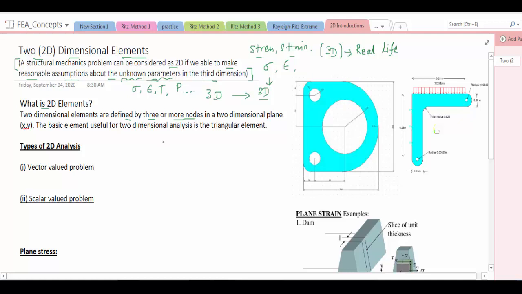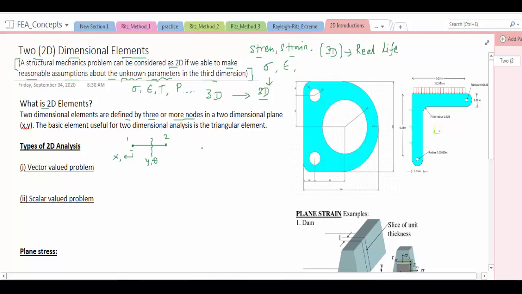So far we have seen one-dimensional elements, that is the bar element or the beam element. They have only two nodes, node 1 and 2. Each node can take an x degree of freedom, or a lateral deflection or theta. So these are called beam elements or bar elements.